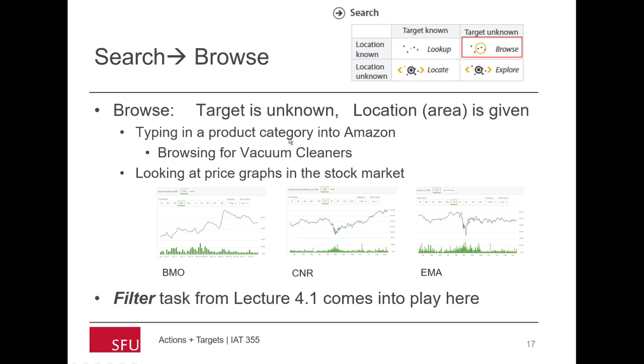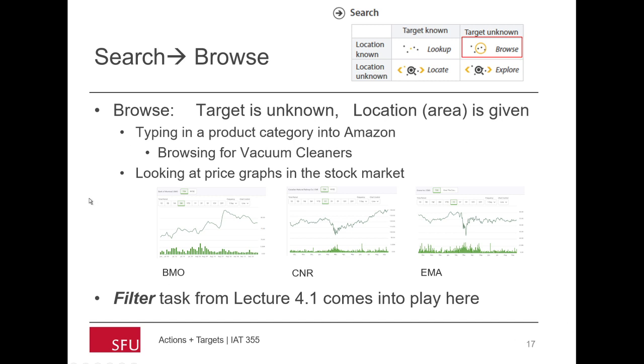So in our computational life, you do browsing every day, of course, using the browser, hence the term, but also typing in a product category into Amazon is an example of browsing. Type in vacuum cleaners and it gives you dozens upon dozens of vacuum cleaners and all their variations. Another example of that is looking at price graphs in the stock market.